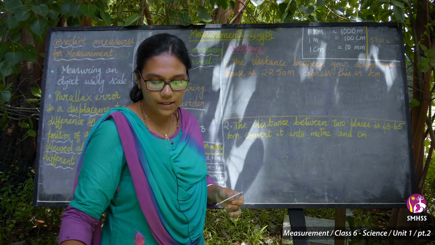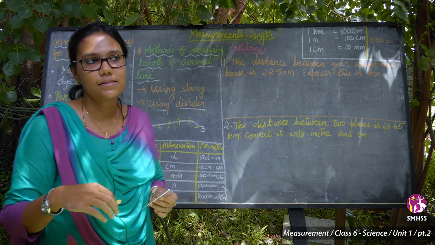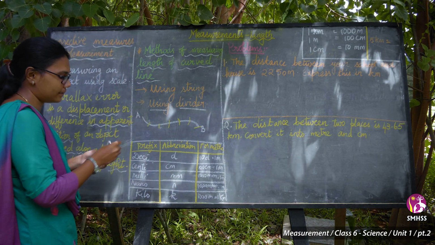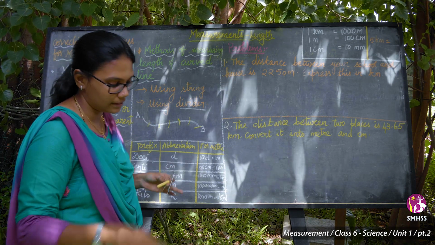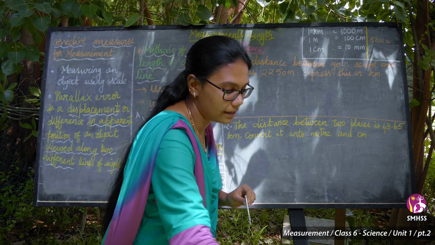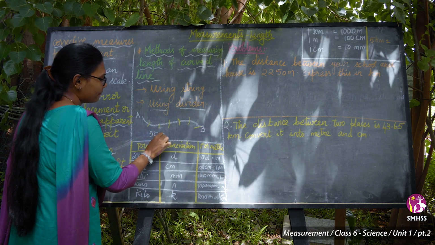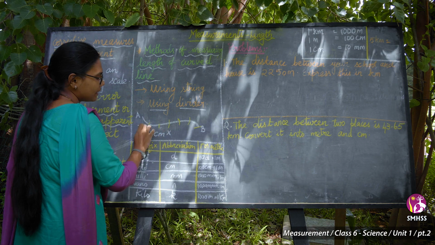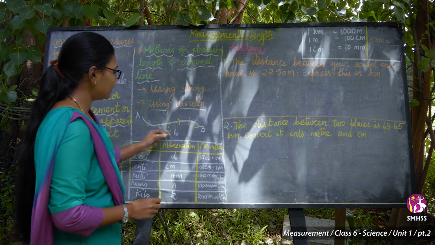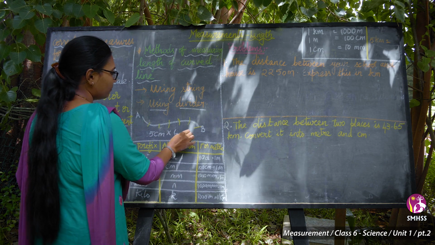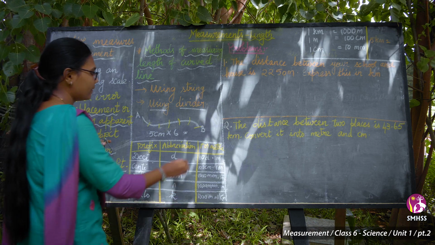Okay, so if the curve has 6 segments, you will multiply these 6 segments by 5 centimeter, since we have taken 5 centimeter each time. So 5 centimeter into 6 segments, number of segments is 6. When you multiply, how much is it? Yes, 30.